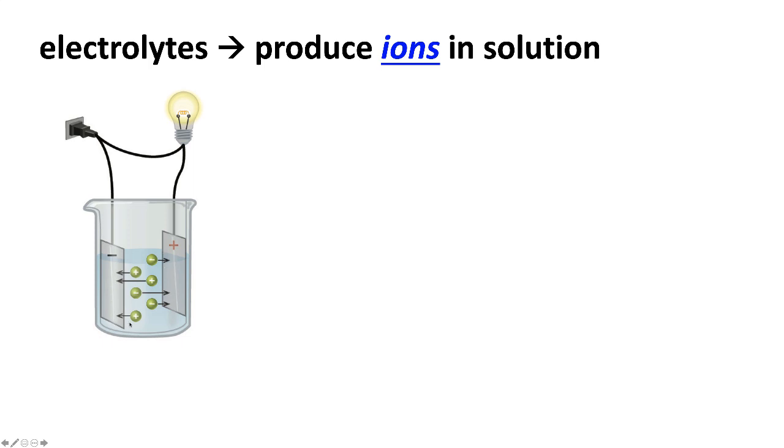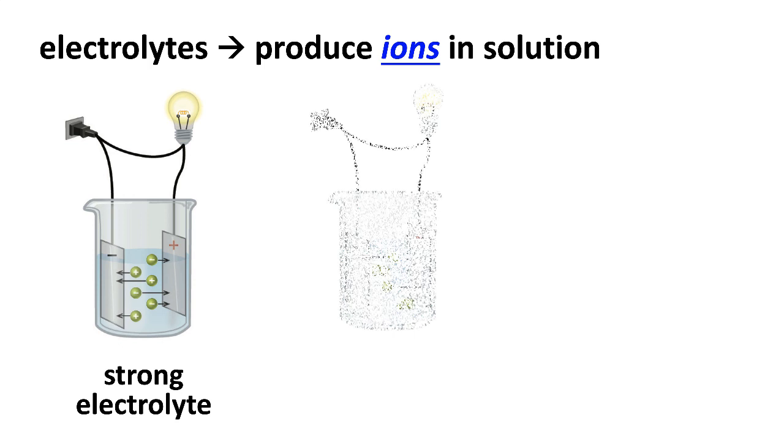But if you put this disconnected wire in a solution that contains some positive and negative ions, those ions will flow. They'll complete the circuit. They will allow the light bulb to light quite brightly. And this is what is called a strong electrolyte. It does a good job of letting the light bulb light, and it's because there's lots of ions in solution.